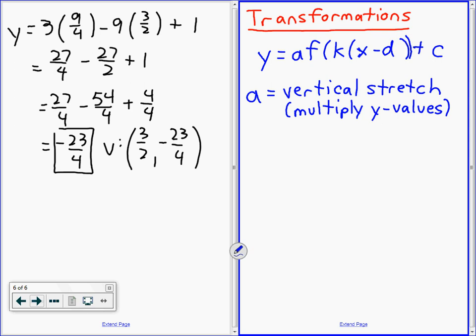And you guys probably did that when you graphed exponential graphs last year, remember, right? You'd be just multiplying the coordinates. Does that make sense to a few people? Okay? We'll do these all in different colors today. K is going to be the horizontal compression.